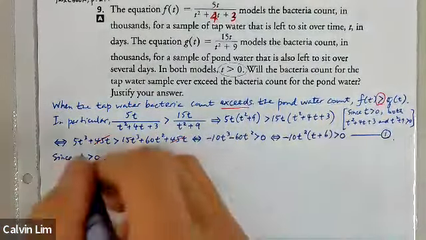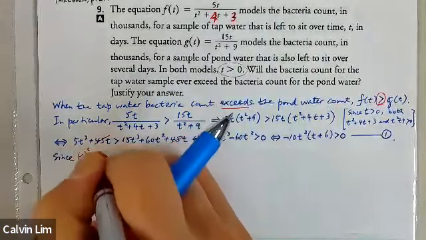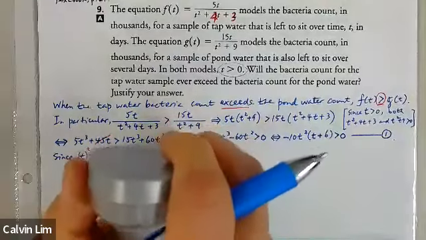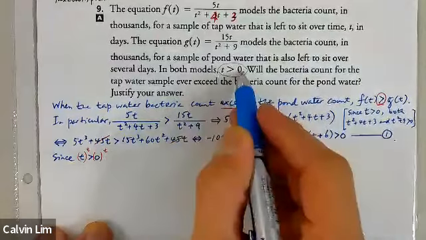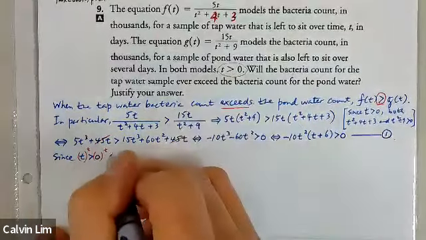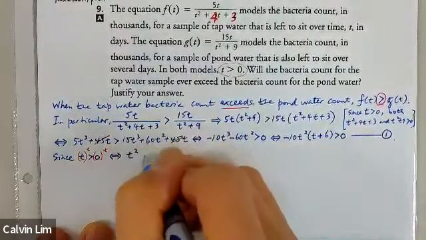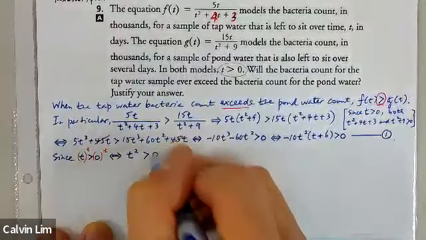First, I want to multiply both sides by t. Is t positive or negative? I know for sure t is positive. So multiplying both sides by t, t squared is greater than 0 times t, which is 0.